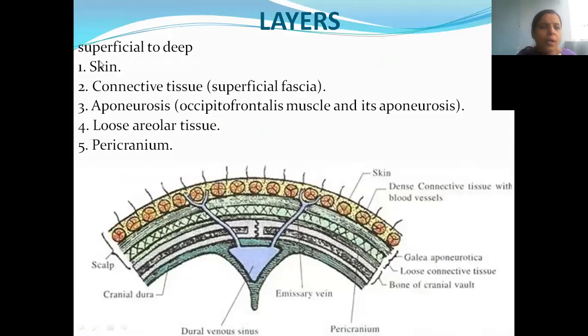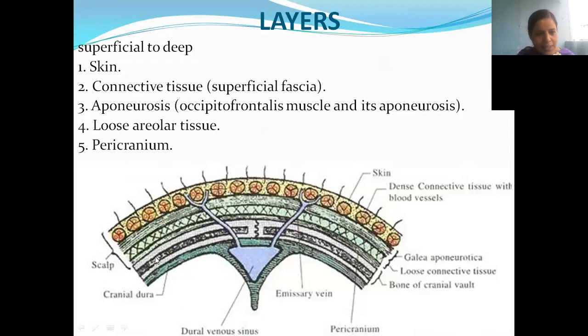Now scalp is named as SCALP. For our easy remembrance, we are dividing it like this: S stands for skin, C stands for connective tissue, that is the superficial fascia, A stands for aponeurosis, that is epicranial aponeurosis, also called Galea aponeurotica.